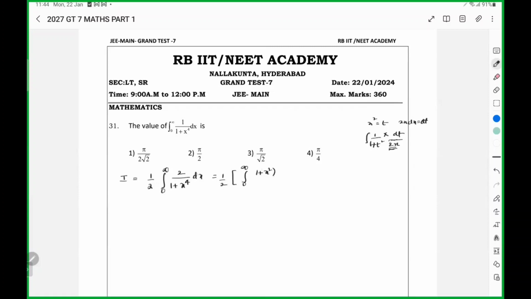1 plus x square plus 1 minus x square by 1 plus x power 4 dx, 0 to infinity.